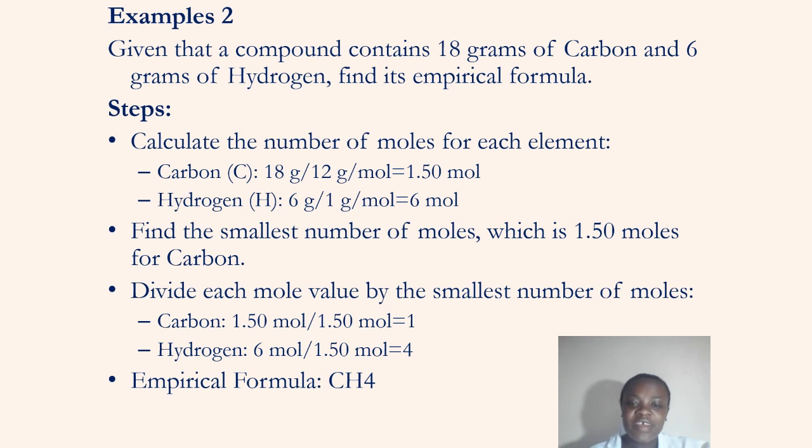Then after dividing, we get the ratios. It should be whole number. If it is not a whole number, we check whether it is close to a whole number, and we round off. But if it is not close, like for example 1.5, that is when we multiply by the smallest number that will make that decimal a whole number.